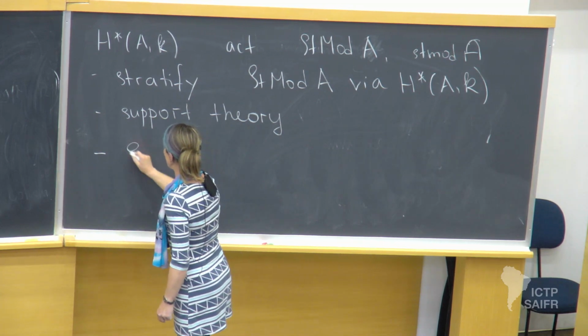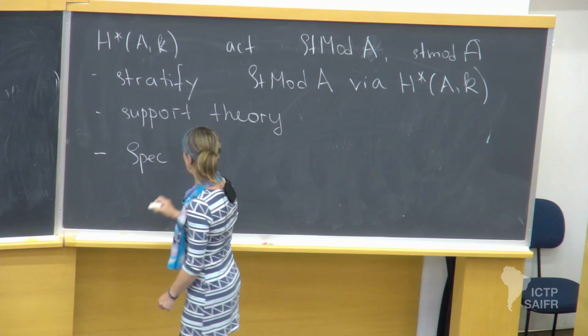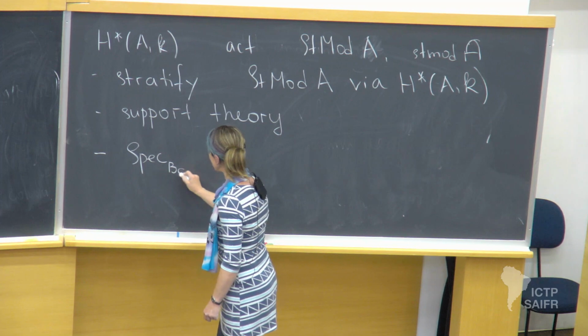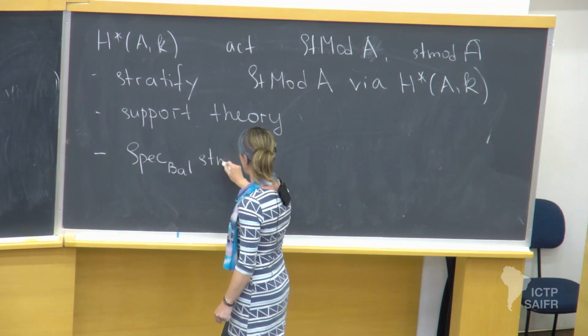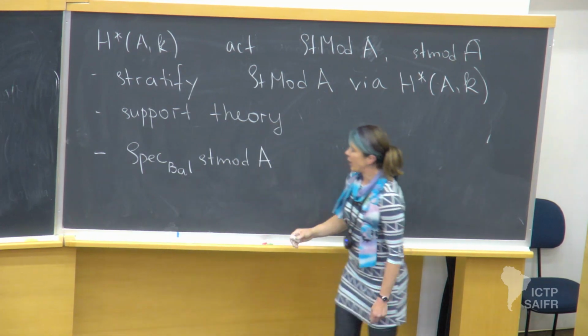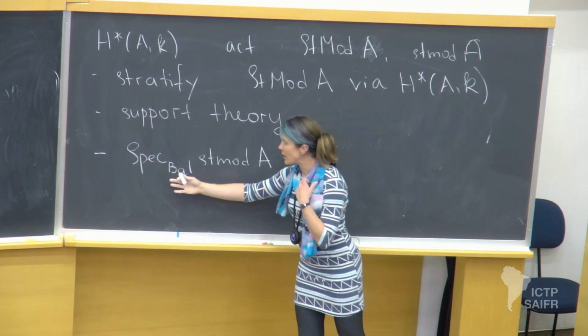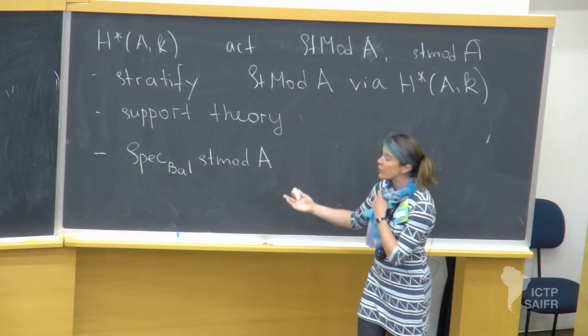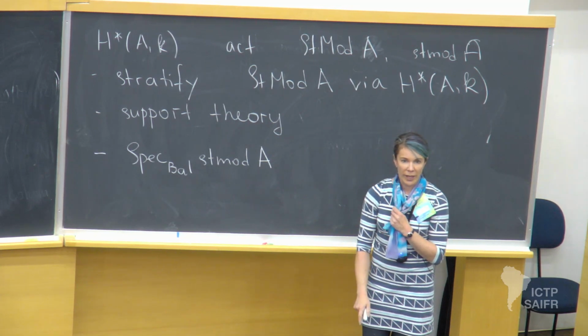In fancy language, one can try to compute what's called the Balmer spectrum of the little stable module category. That's a topological space that, again, gives you quite a bit of information about the structure of the category.